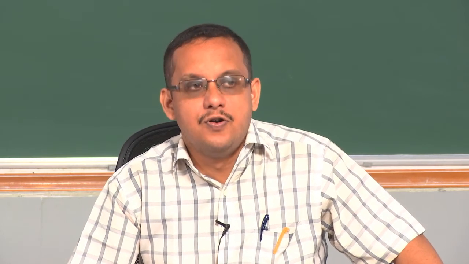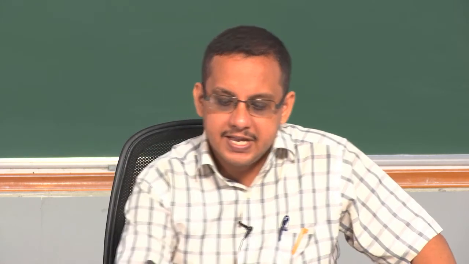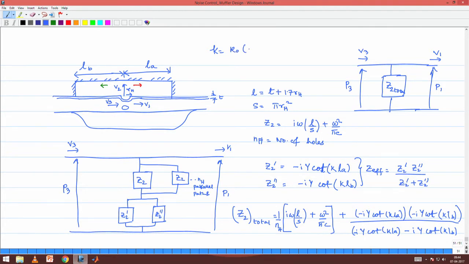Because of this movement of the bulk flow, you need to appropriately correct the equations of plane waves. The essential correction is that the wave number will get corrected to 1 plus or minus Mach number. Mach number is the particle velocity by sound speed.